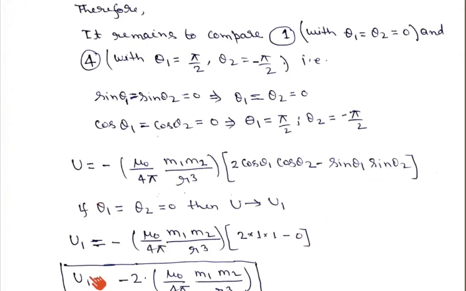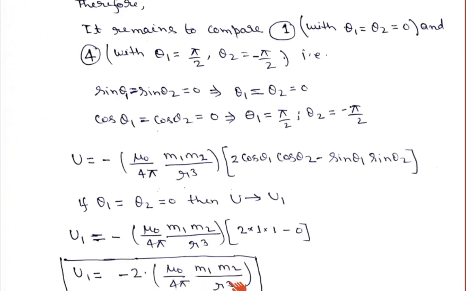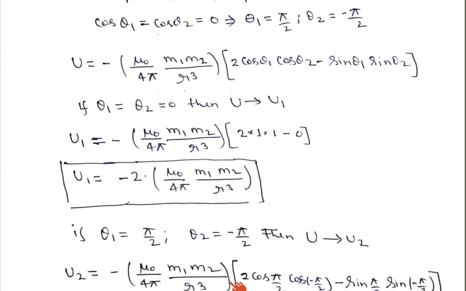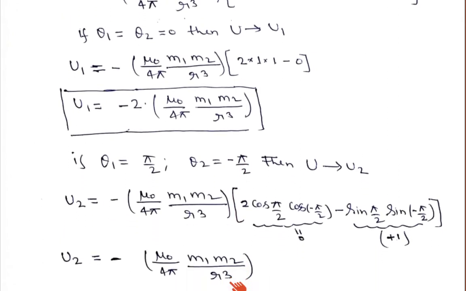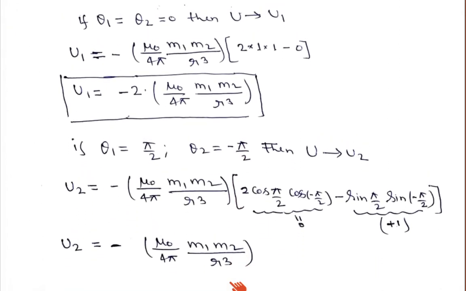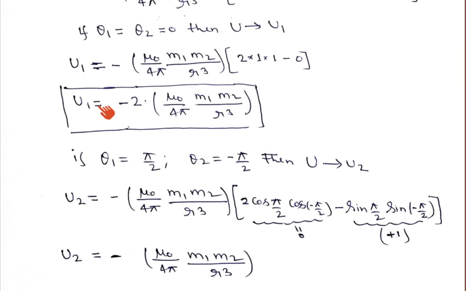So the energy is U1 equal to minus 2 mu 0 upon 4 pi m1 m2 upon r cube, for the first configuration.